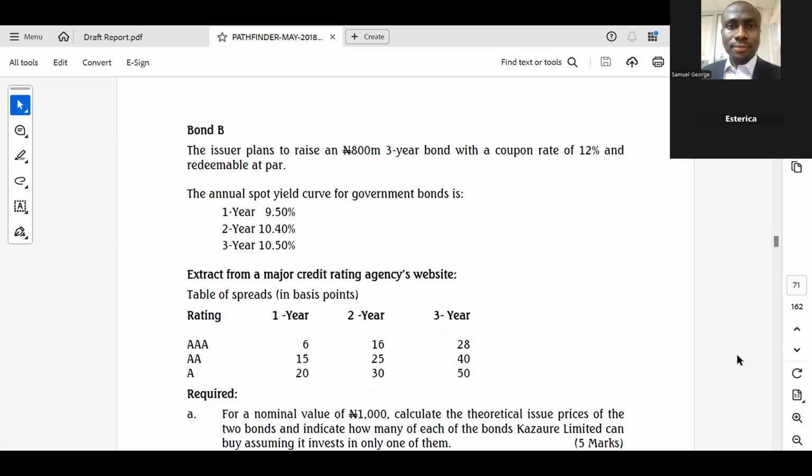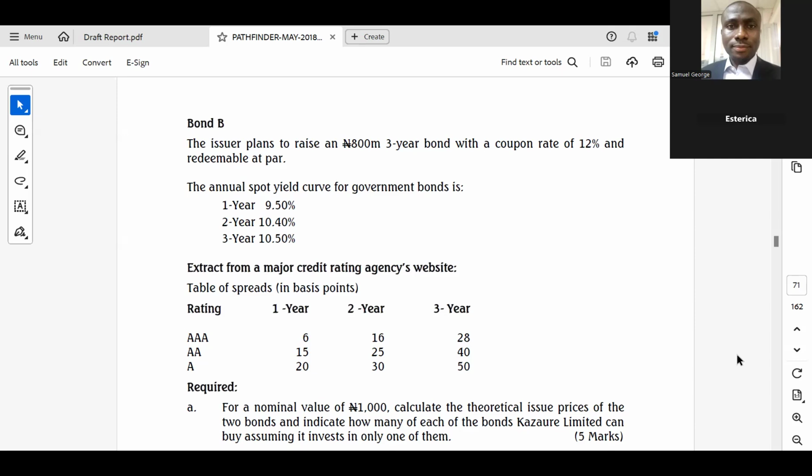The higher your rating, the lower the interest you are going to pay. You can see that the figures for AAA are lower than AA, and the figures for AA are lower than A. So the rating with the lowest figures is AAA.